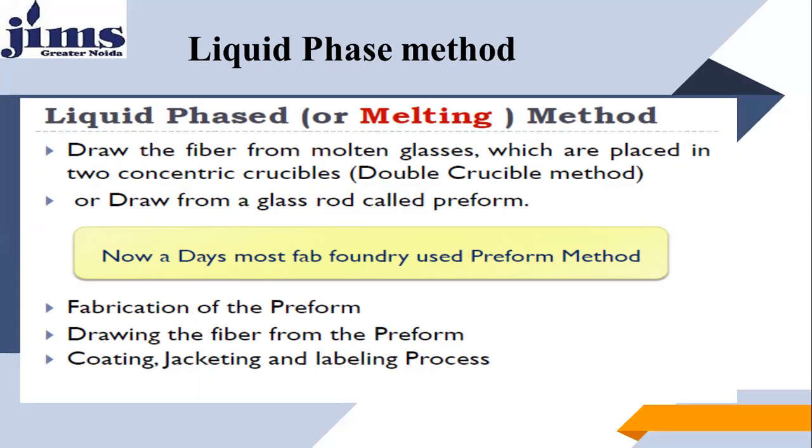First of all, draw the fiber from the molten glass, which we call a preform. Then coating, jacketing, and labeling are for outer protection.